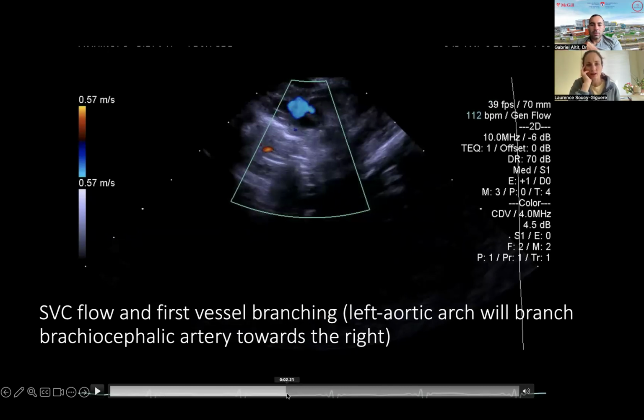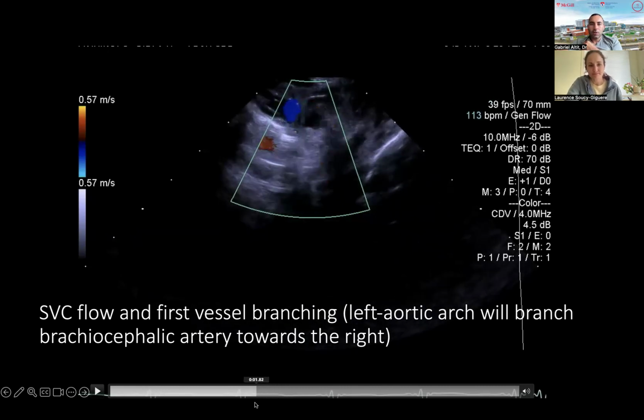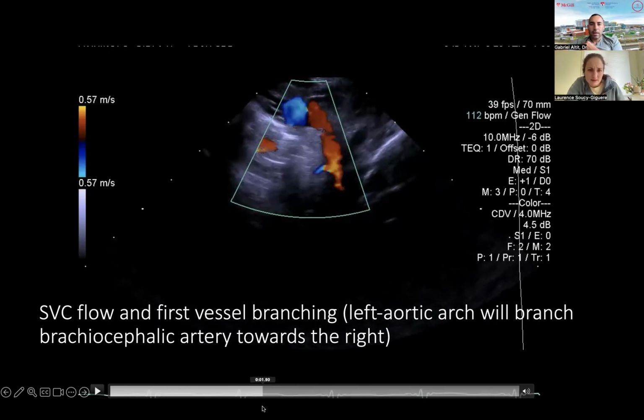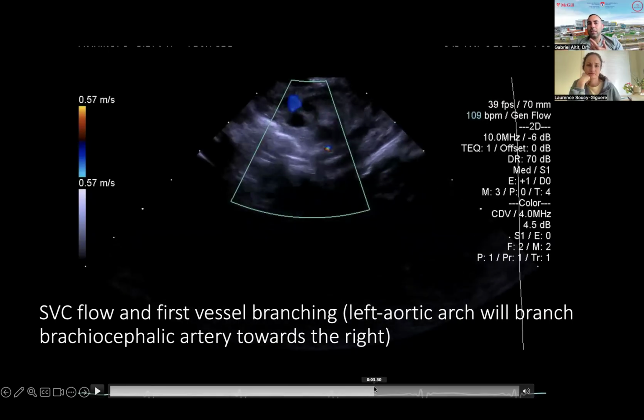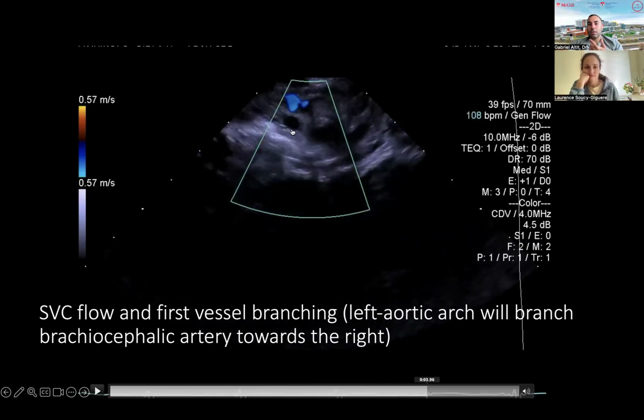You've seen it. I'll go back together. Whoop, 1, and then divide it in 2. And that means that your arch is basically a left-sided arch. We can even continue and see the track of these two vessels.